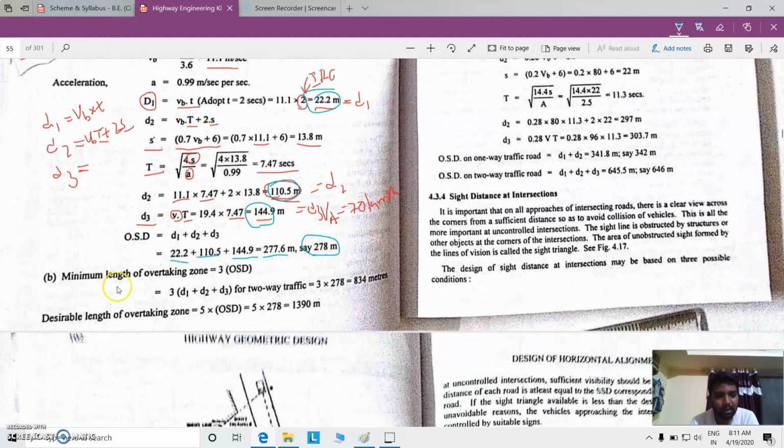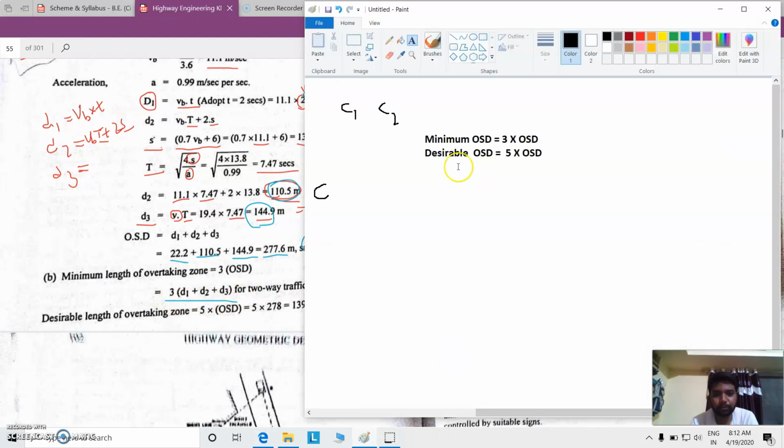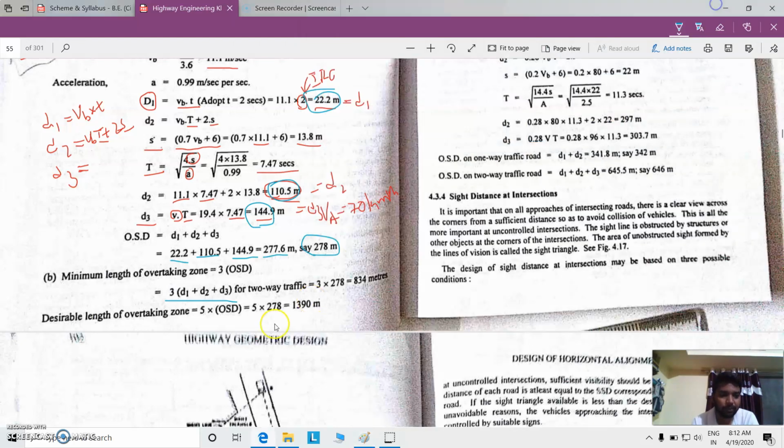The minimum length of the overtaking zone is to be considered, that is 3 times the OSD we have discussed here. The minimum length of the overtaking zone is 3 times the calculated OSD, that is 3 into 278, which gives 834 meters, and the desirable length is 5 times the OSD, 5 times this 278, right?